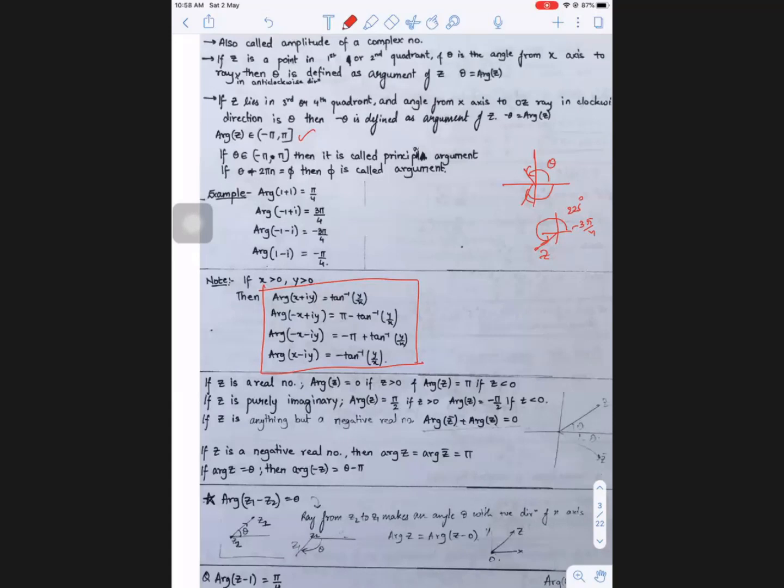For the fourth quadrant it's minus tan inverse, just minus for that result. If you multiply, you'll get this. These two are, if you observe, one is theta and the other is minus theta. In the same way, if one result is theta, that will multiply with minus theta.